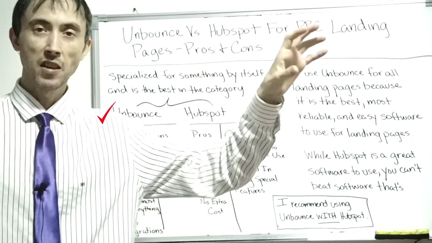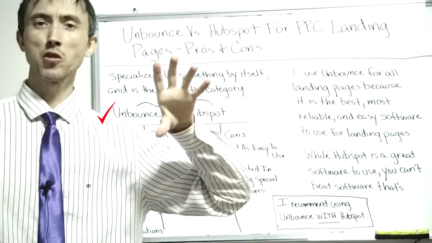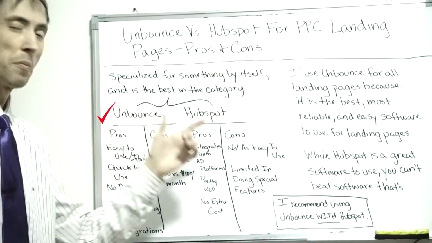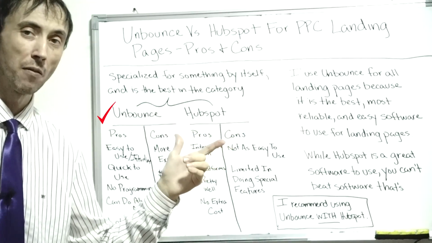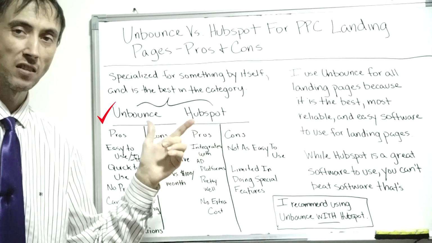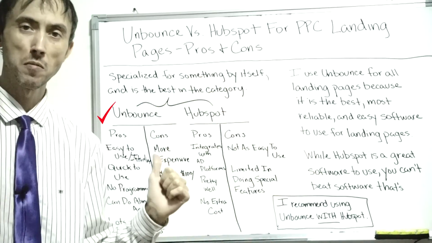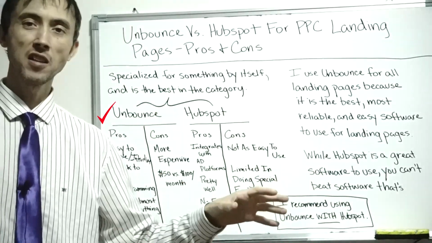The interface in Unbounce to make a page is very, very intuitive. It's almost just like using an iPhone. Versus HubSpot's interface to make a landing page, the drag-and-drop interface that Unbounce has and HubSpot's trying to mimic, it's not nearly as intuitive. You're going to waste a ton of time figuring it out.